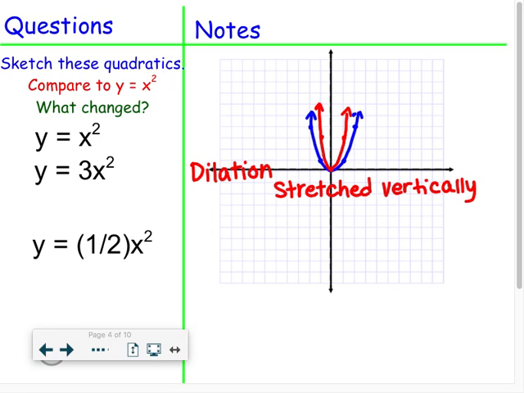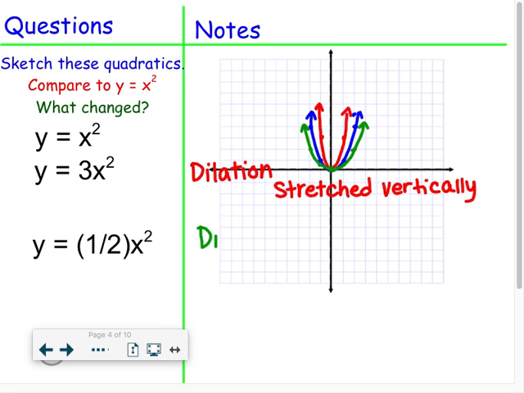The next one with the 1/2 is going to have the same vertex, but 1/2, if I put in 1, I'm going to get 1/2, so underneath here. And if I put in 2, 2 squared is 4, half of 4 is 2. So 2 is out here. So this one is going to be wider than the others.